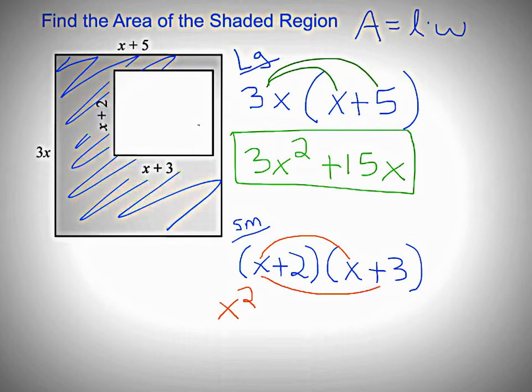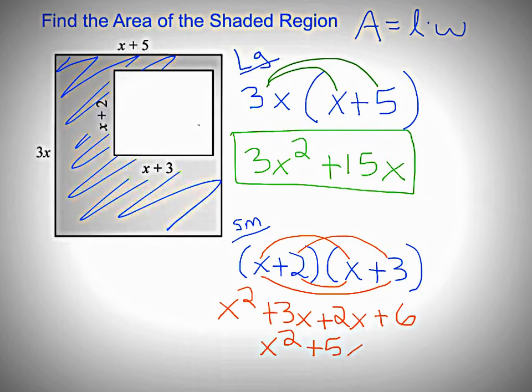Outside, x times 3 is 3x. Inside, 2 times x is 2x. And last, 2 times 3 is 6. Combine your like terms. X squared plus 5x plus 6 is the area of the smaller rectangle.